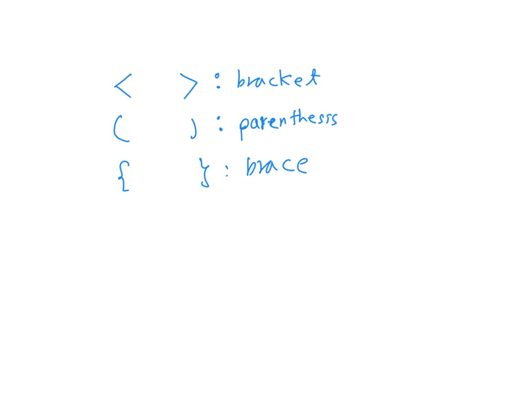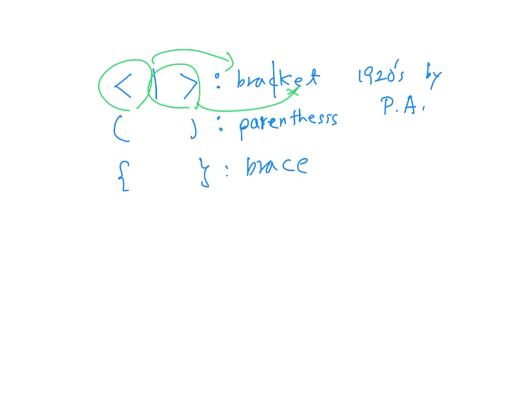So we divide by half, bracket, so this part becomes the bra vector, this part becomes the ket vector, bracket. The ket vector and bra vector were introduced in the 1920s by Paul Adrien Maurice Dirac.